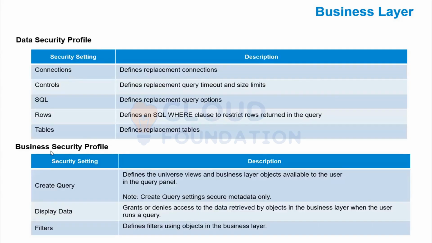That setting can be achieved by using a data security profile or business security profile. We have two security profiles in the universe: the data security profile and the business security profile. The business security profile is defined on the universe views and business layer, whereas the data security profile is defined at the connection level itself.